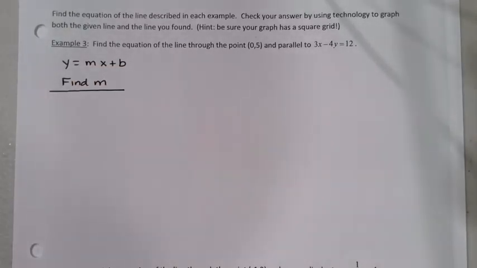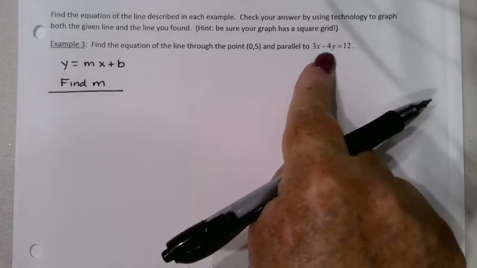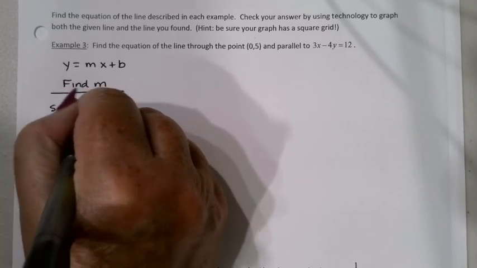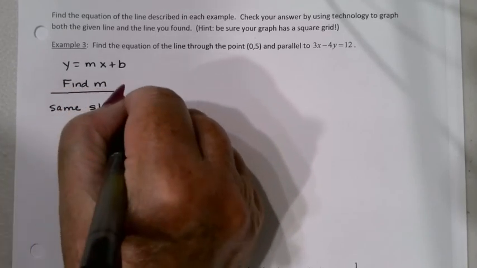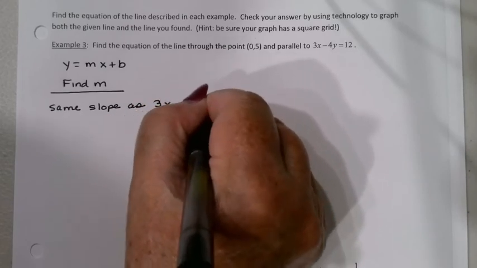To find m, because the line I want is parallel to this one, I know it's going to have the same slope as 3x - 4y = 12.